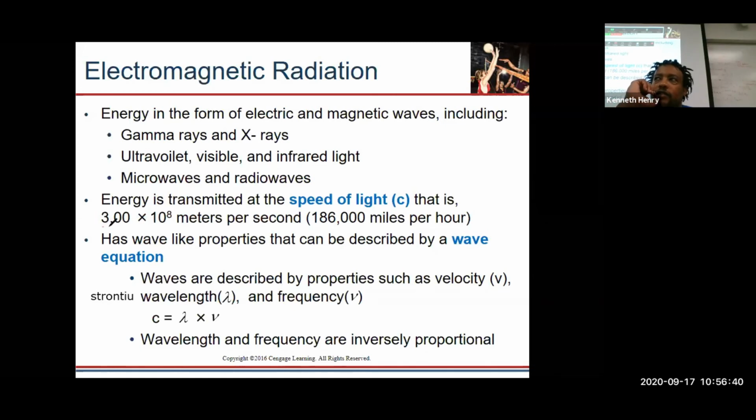The speed of light is 3.00 times 10 to the 8th meters per second. Or if we go back to the imperial units, it's 186,000 miles per second. As scientists, we want to definitely use 3.00 times 10 to the 8th meters per second. That is the speed of light.